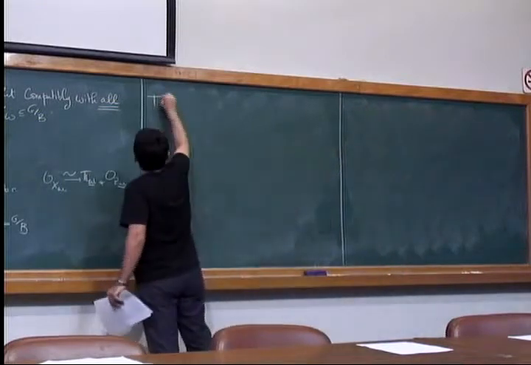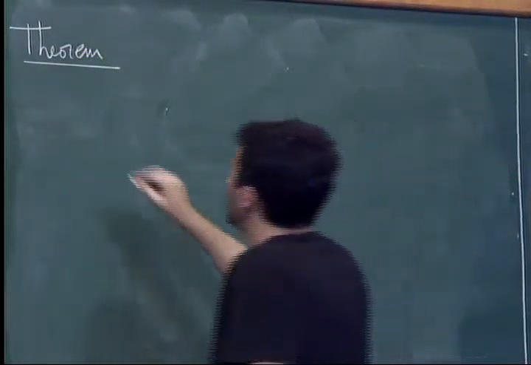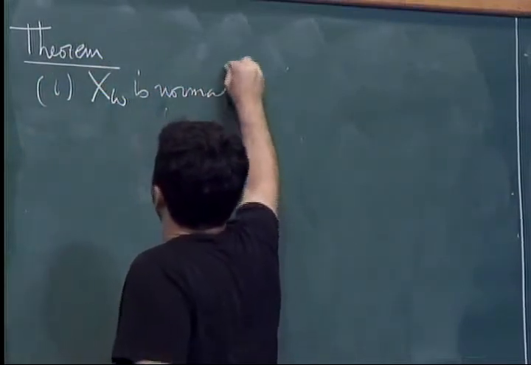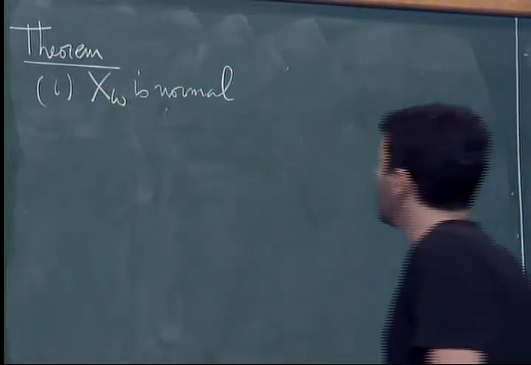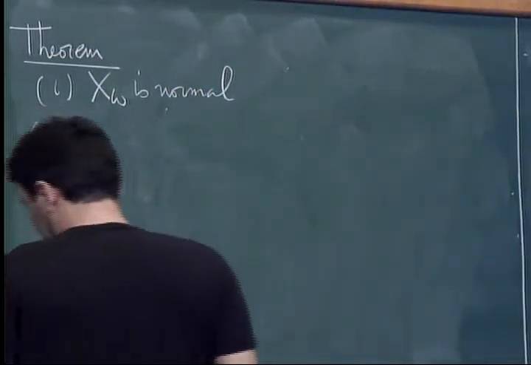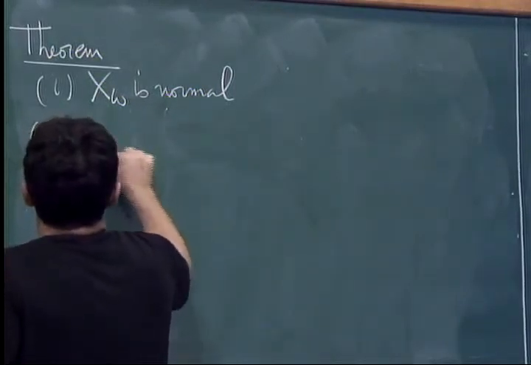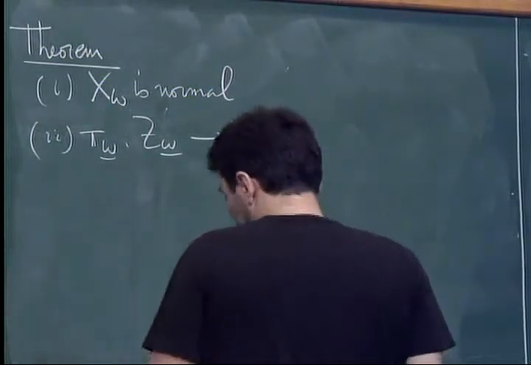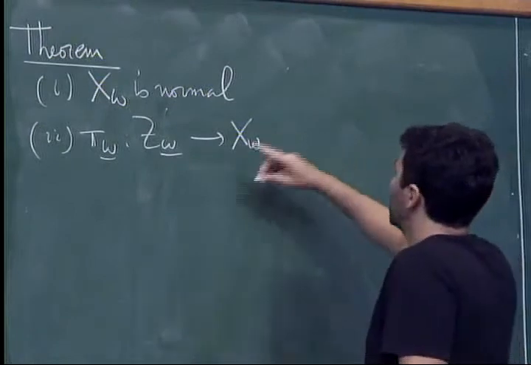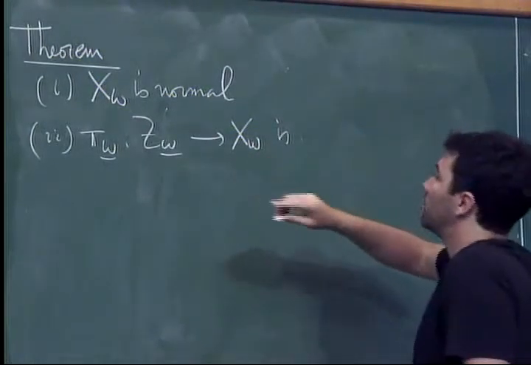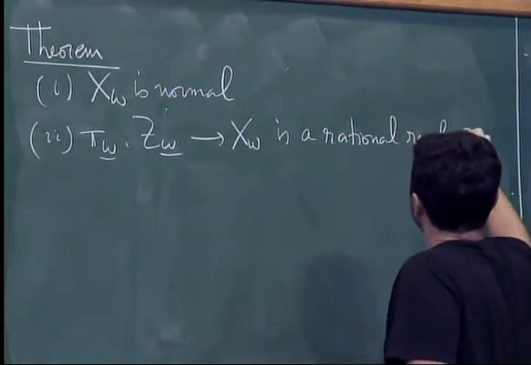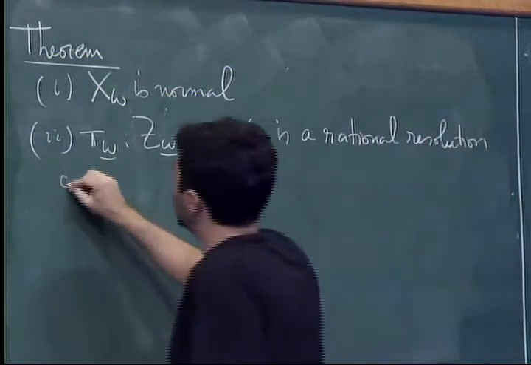So the theorem: X omega is a normal variety, and pi omega from Z omega to X omega is, so I will explain what it is during the proof, a rational resolution of the singularities.